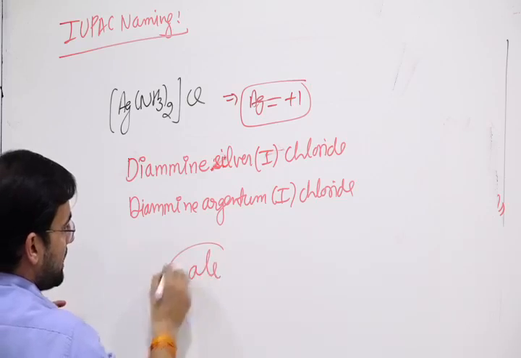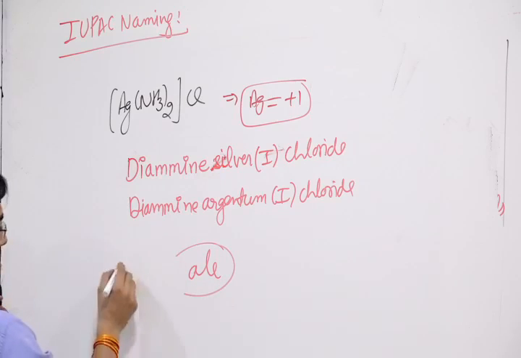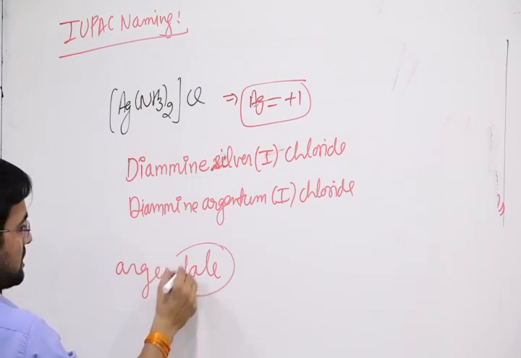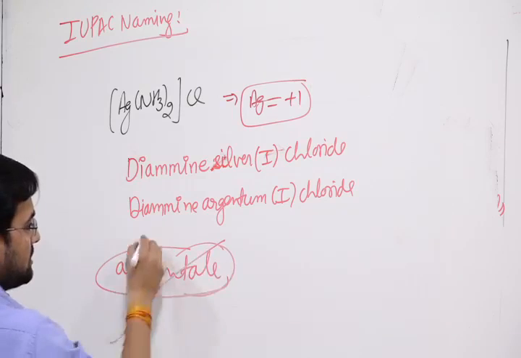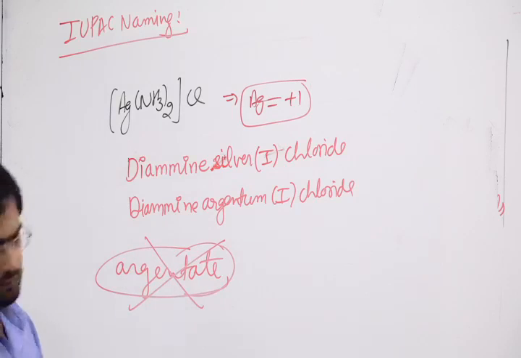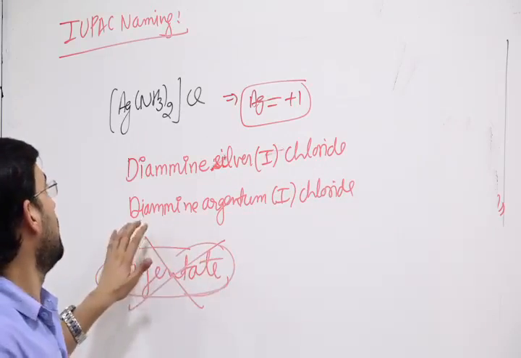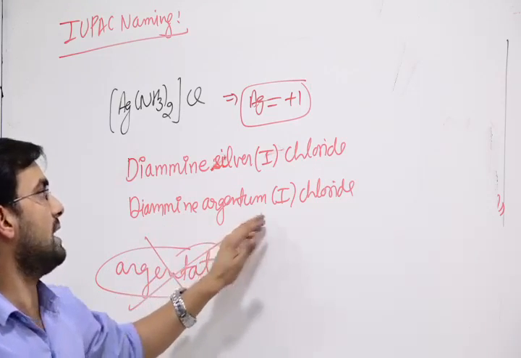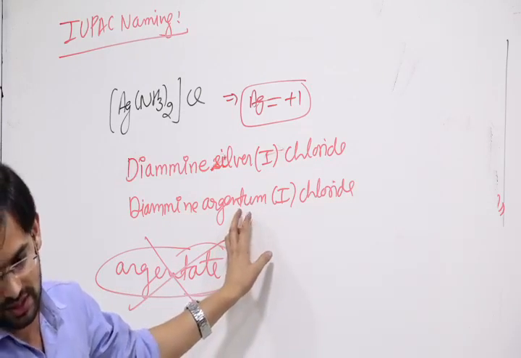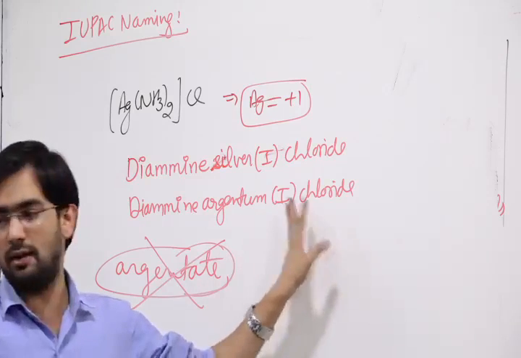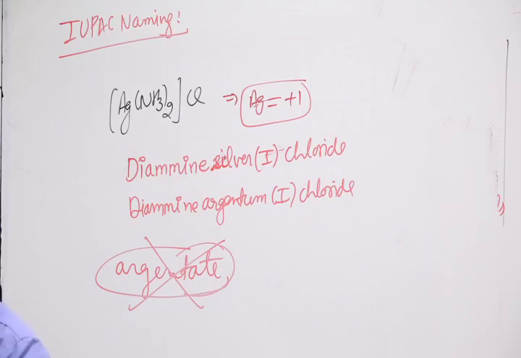Do not write argentate; it means don't write this. This is incorrect. Diammine silver(I) chloride or diammine argentum(I) chloride, both are correct.